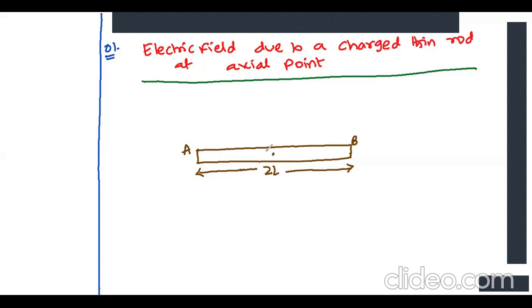O is the center of the thin rod. Let us consider this thin rod is charged. That means positive charge lies on its outer surface and negative charge will be accumulated inside the thin rod. Let us consider this thin rod is having a charge as Q.